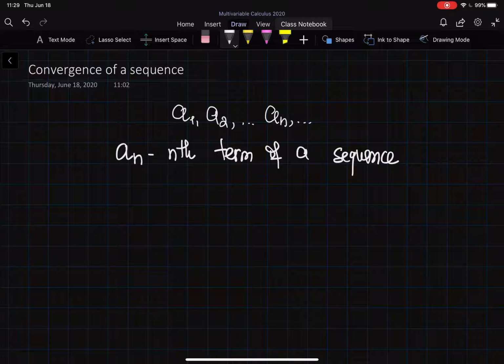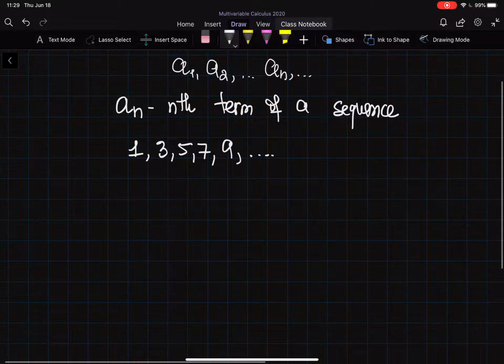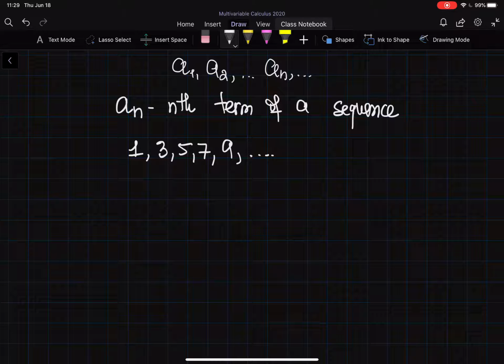For example, every odd number can be written as a sequence, right? So it's going to be 1, 3, 5, 7, 9, and so on. And in a more compact form, we can write down the sequence of the odd numbers by introducing a general form of the odd numbers. So an, the general form for the odd numbers, can be written as 2n minus 1.